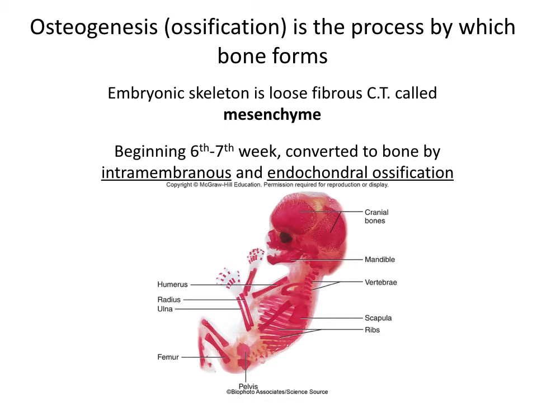However, we're going to be referring to how we use mesenchyme to form bone in this chapter. Now, bone formation begins around the 6th to 7th week of development, and this mesenchyme is going to be converted into bone through one of two methods. One is called intramembranous ossification, and the other is called endochondral ossification.